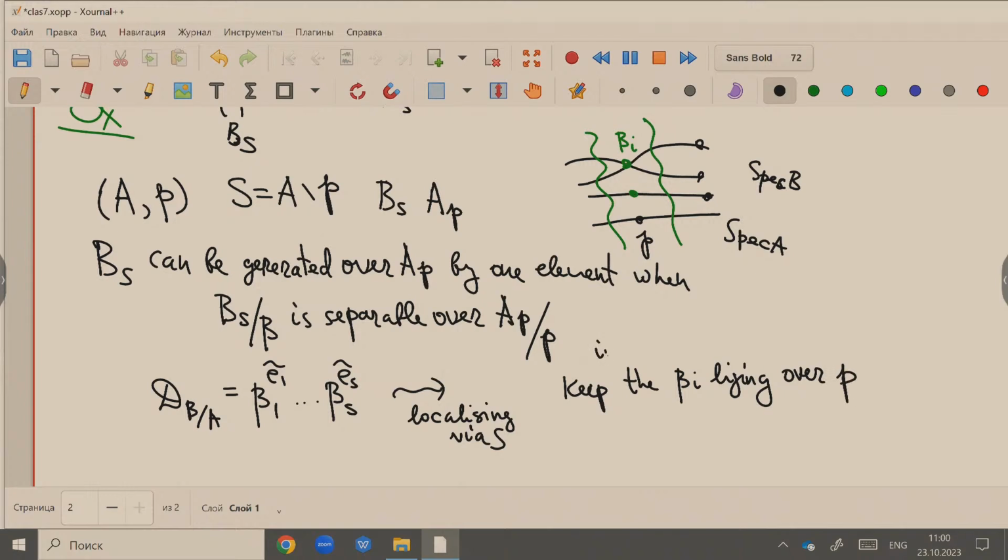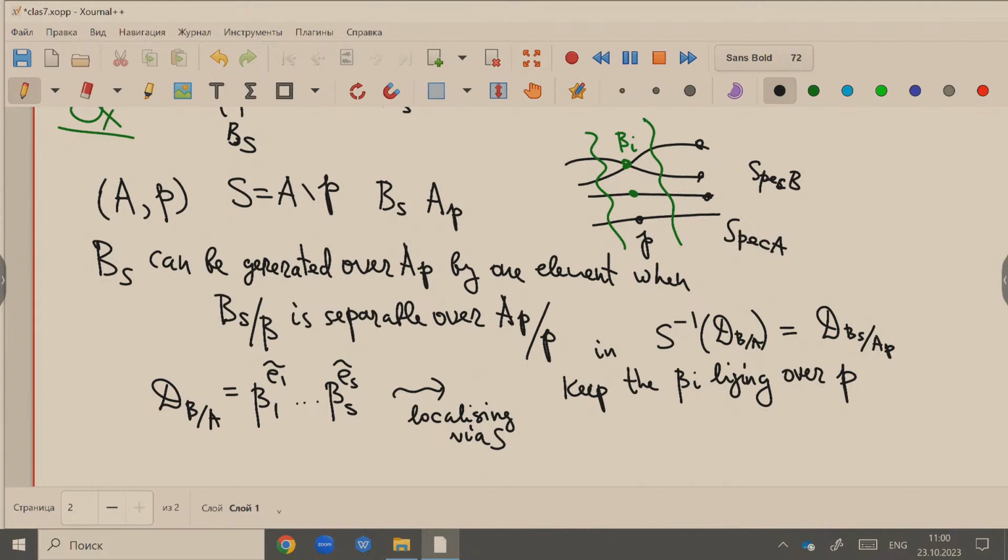In the ideal corresponding to the localization of the different, you can calculate the different from the viewpoint of taking localized rings and calculating the different, or just taking the expression for the different and localizing it.